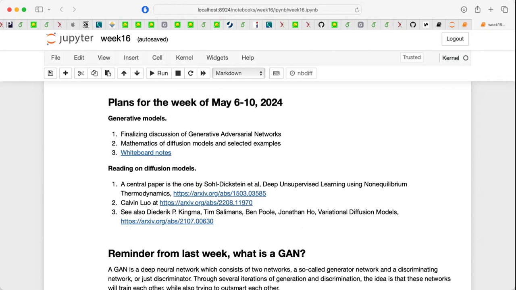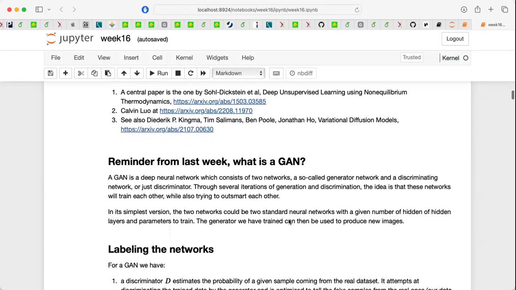So let me give you a quick reminder from last week about the generative adversarial networks. So a GAN is a deep neural network, which normally consists of two networks, a so-called generator network and a discriminating one, or just called the discriminator.